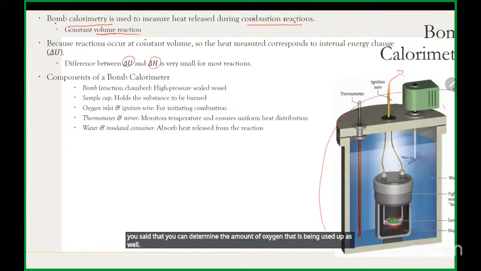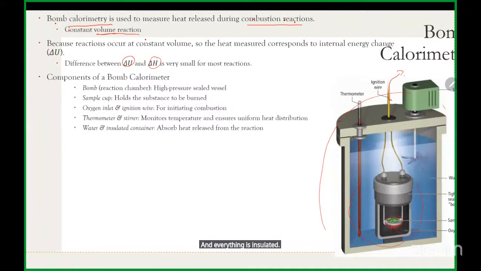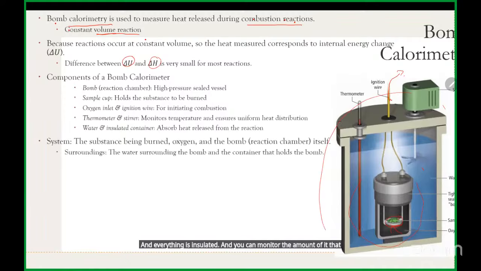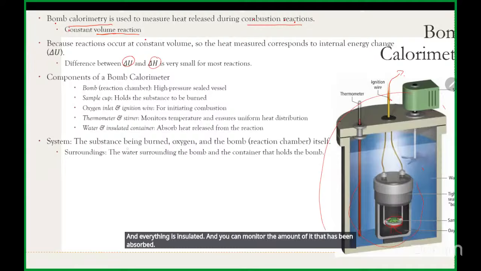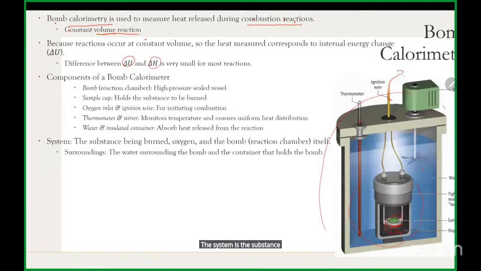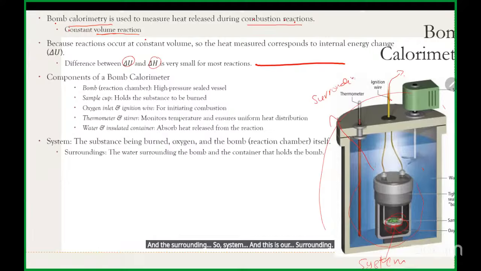Everything is insulated, and you can monitor the amount of heat that has been absorbed. The system is the substance being burned. That's our system, and this is our surrounding, and everything is the universe.